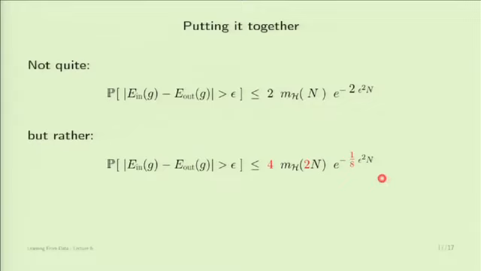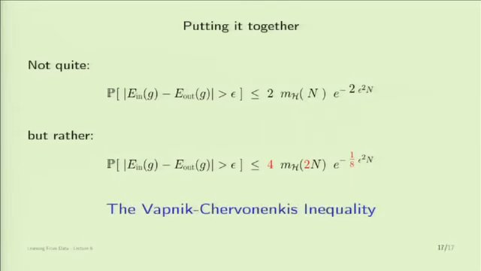Because if n is big enough, if I give you enough examples using that hypothesis, you will be able to claim that E in tracks E out correctly. Okay? This result, which is called the Vapnik-Chervonenkis inequality, is the most important theoretical result in machine learning. On that happy note, we will stop here and take questions after a short break.